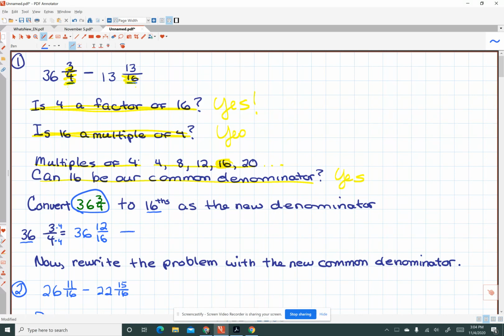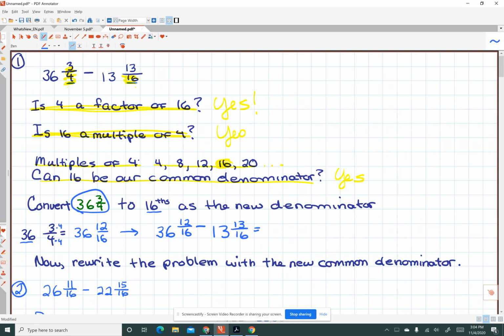So I'm going to do that here. I'm going to have 36 12/16 minus 13 13/16.